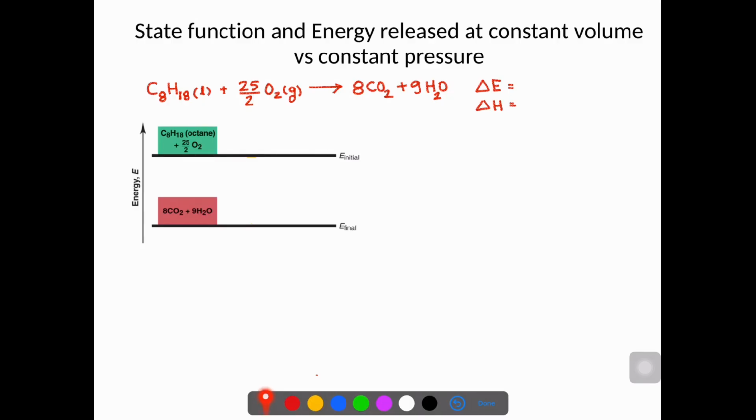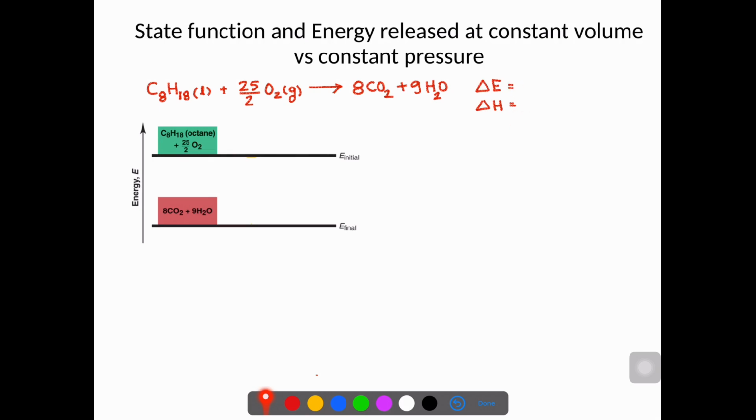Now, what does delta E or change in internal energy mean for a reaction? For example, here you have the combustion of octane, which is nothing but gasoline, the fuel that you use to drive cars. When you look up a chemistry textbook, usually the reaction is written out with delta E, change in internal energy, or you will also see something like delta H, which is called change in enthalpy. And I'm going to talk about this just in a bit. What are these?